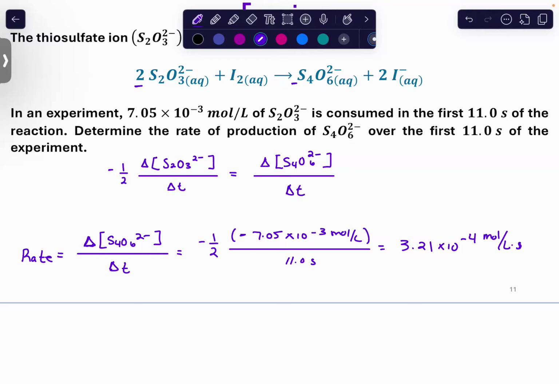Look at some of the numbers I put in there. Why did I make that 7.05 negative? Right, it's being consumed. That's why the extra negative is on the front there. That makes that whole thing positive, and that's going to make the appearance or the production of the S4O6 positive.